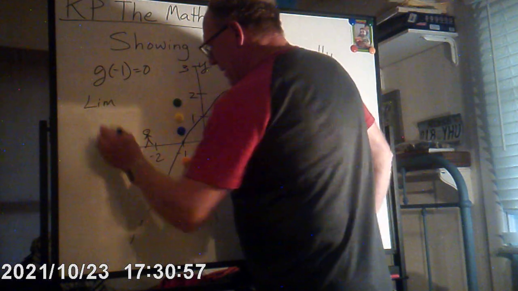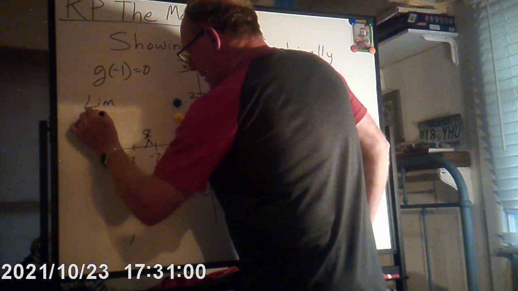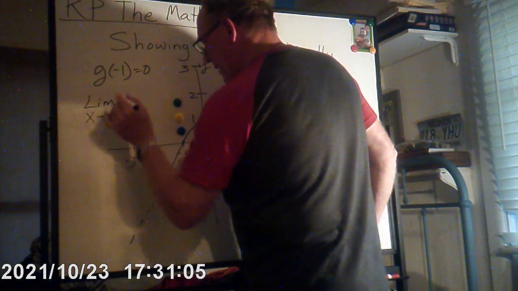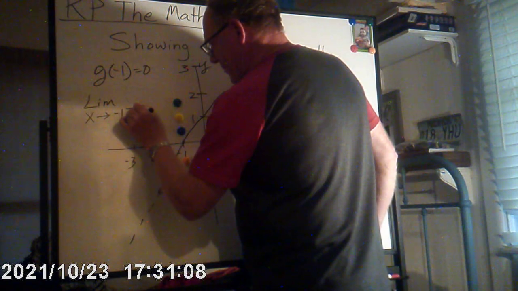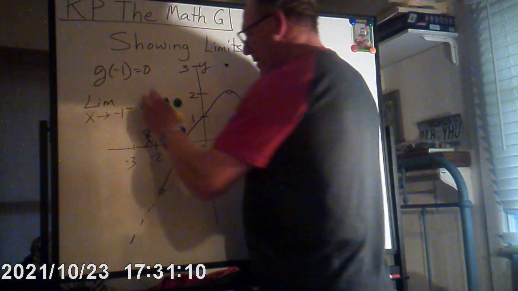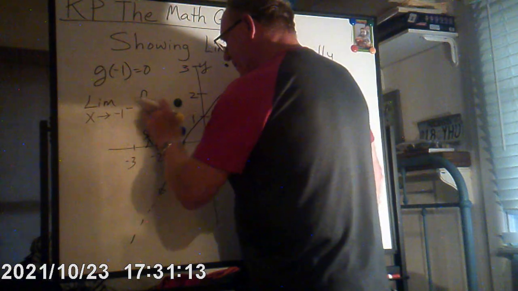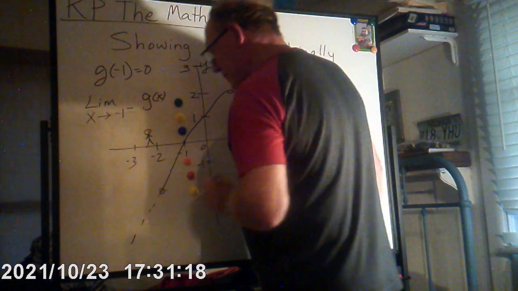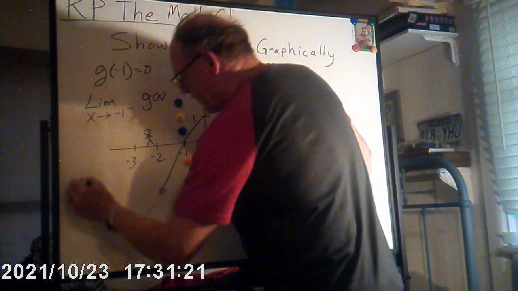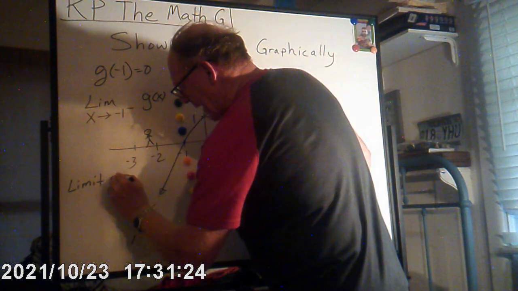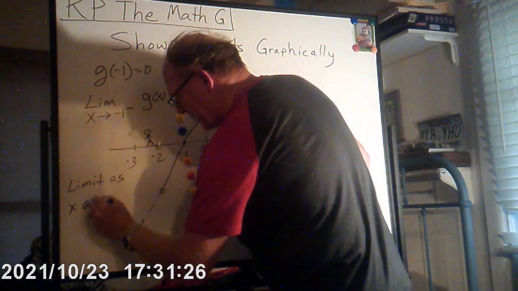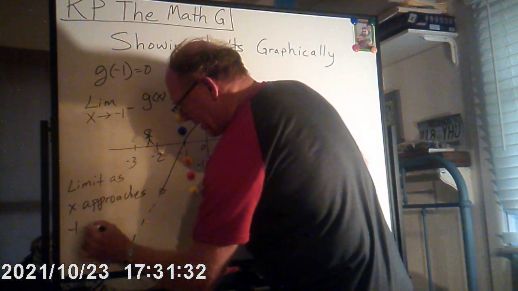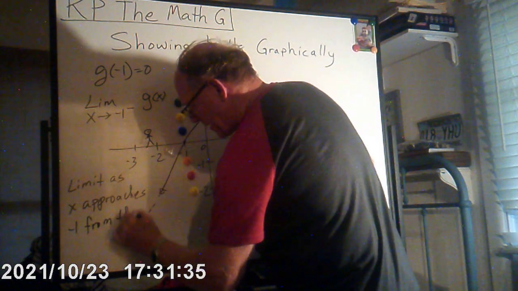So the limit as x approaches negative 1, and we always say from the left, we put a negative sign right here. Oh, it's not F, it's G. G at x here, not F. This is the limit as x approaches negative 1 from the left.